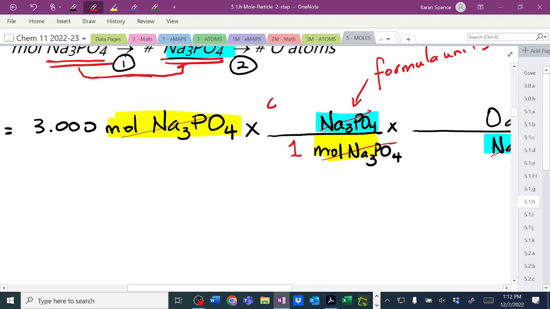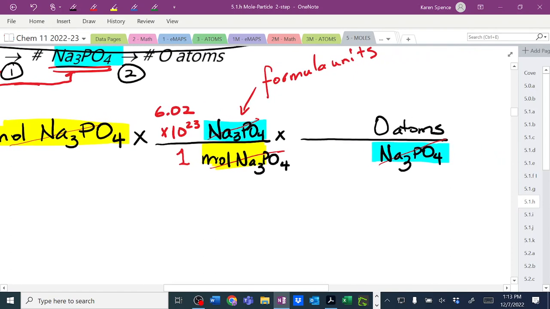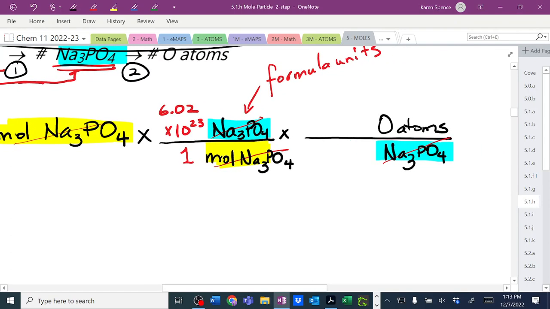Yeah, we've got 6.02 times 10 to the 23. Okay, so I've sort of squashed it in there. That's going to take us from moles to number of Na3PO4s. And then we're going to go our second step and say how many atoms are in there. Well, there are 4 O atoms, so we're going to have 4 times as many O atoms.